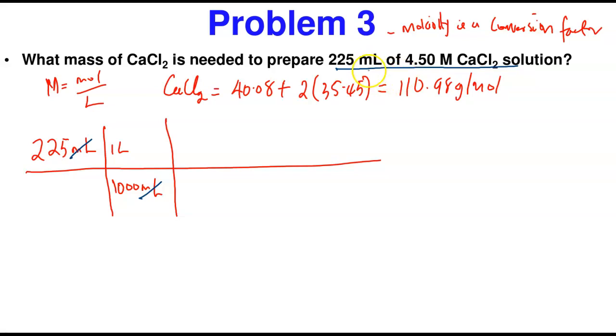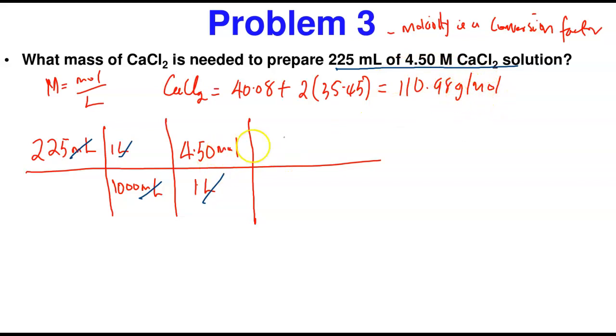Let's see how that works. So what I'm going to do here now is say 4.50 moles over liter, because molarity means moles per liter, over 1 liter. Again, if you look at this, we cancel liters, and then I have it in moles, but I don't want moles, I want it to be in mass. So to convert to mass, I'm going to use the molar mass.